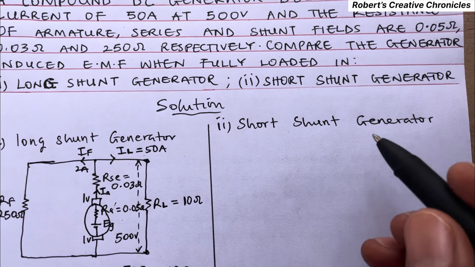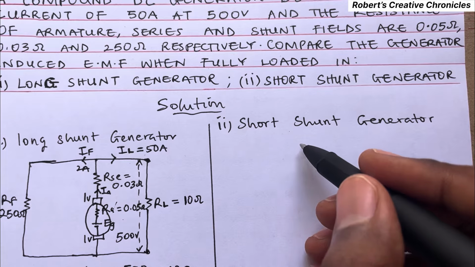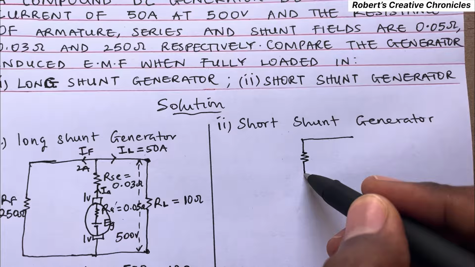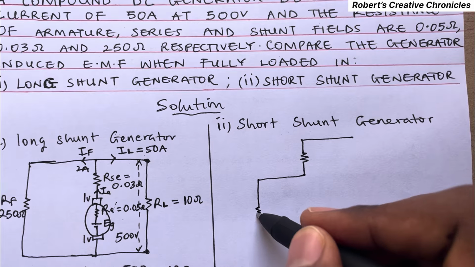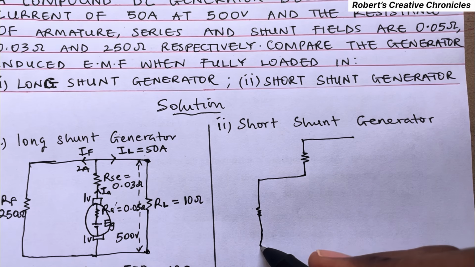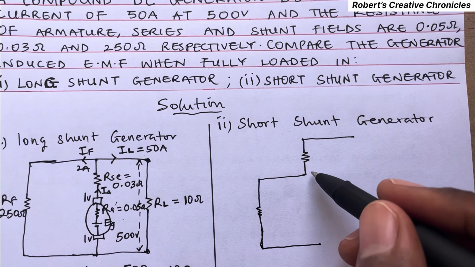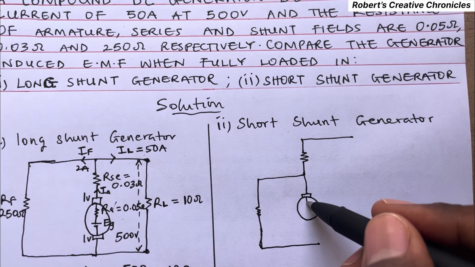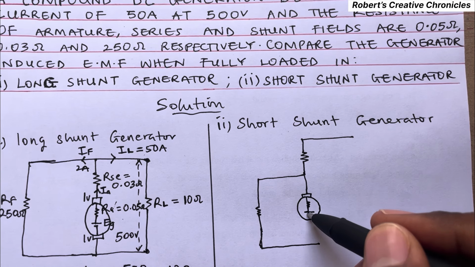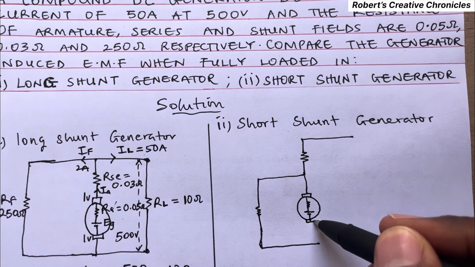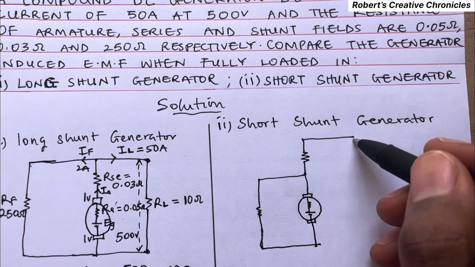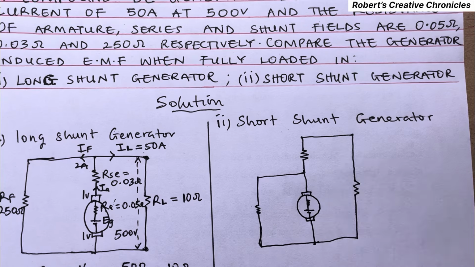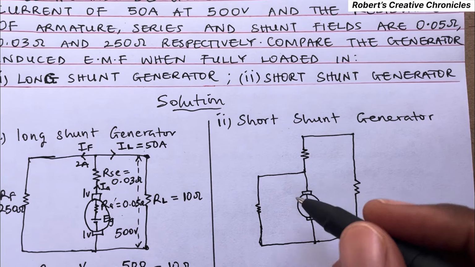So now let's draw the circuit. It becomes like this. So this is the short shunt version of this generator.